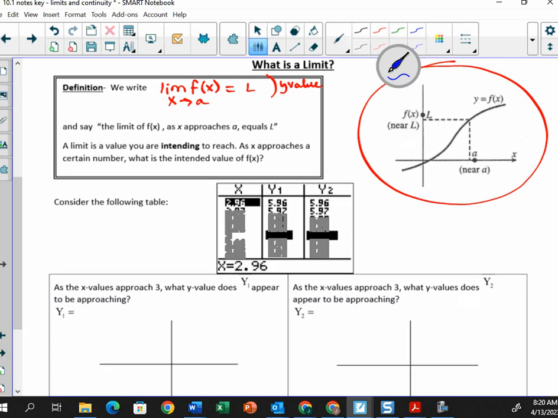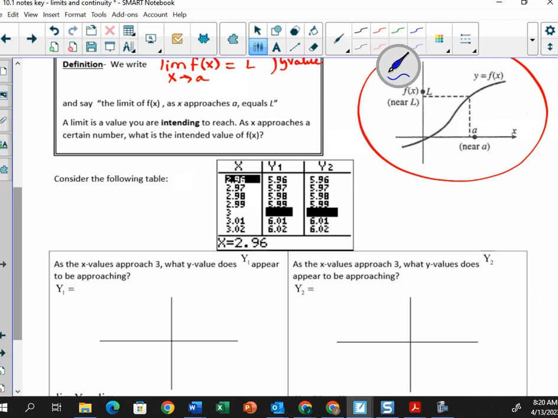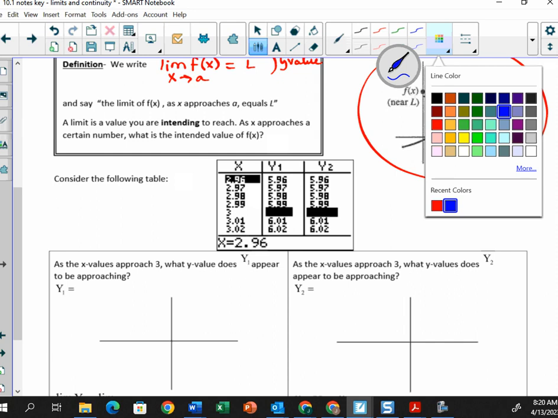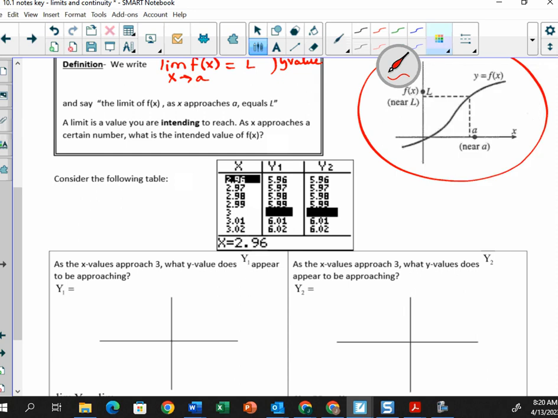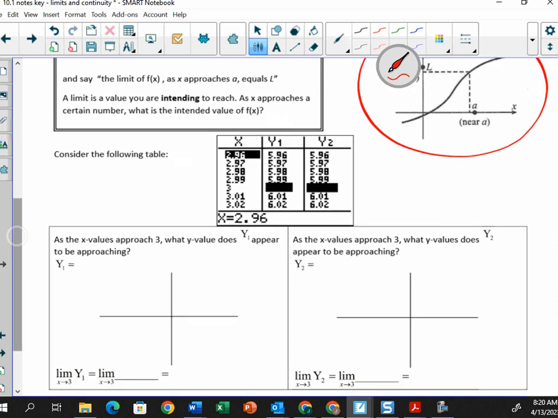We can see this in a table. We're not going to use a calculator in this skill guide. This is just what your calculator would show you if we were doing them that way. I don't think it would even help you. You would just not know what you needed to plug in.